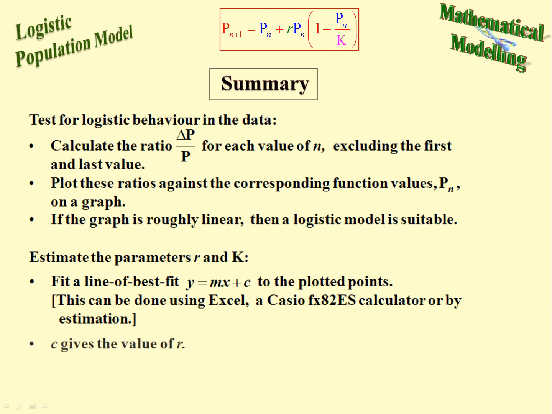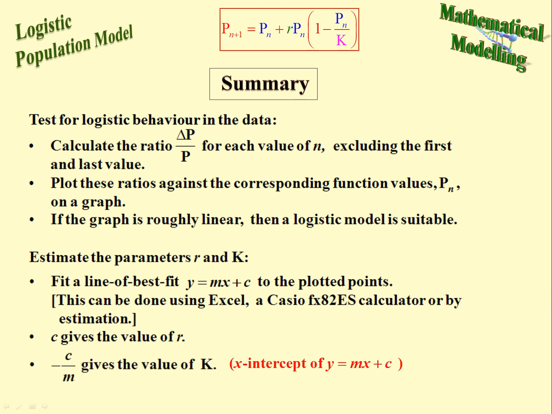The y-intercept c gives the value of R, and the value of K is the x-intercept, in other words, y equals 0, and if you solve 0 equals mx plus c, we end up with negative c over m.